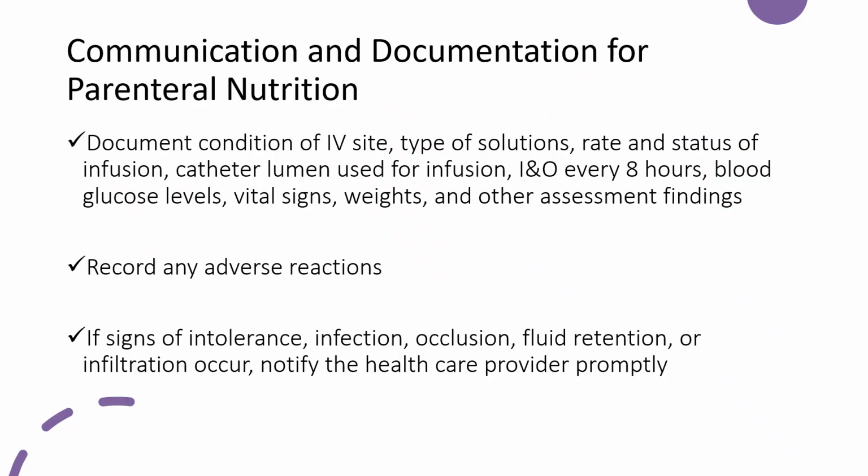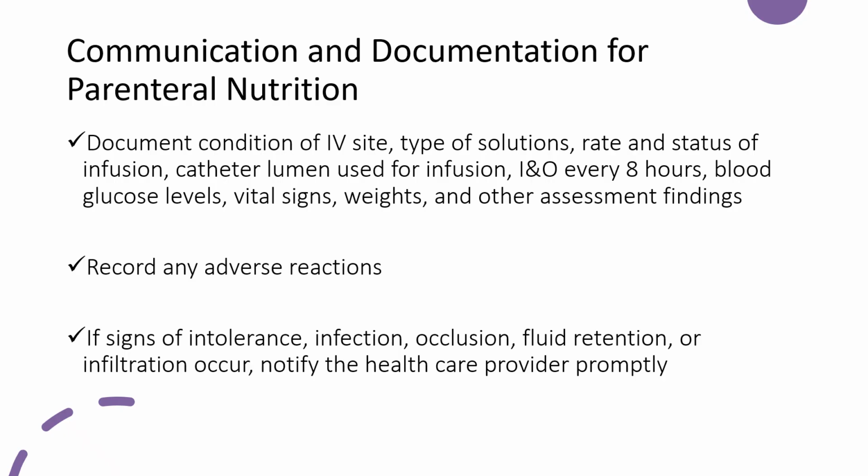Communication and documentation for parenteral nutrition. So you need to accurately document the IV site condition, the type of solution, the infusion rate, the status of the infusion, the patient's response, intake and output, blood glucose levels, vital signs, and patient weights, and any other assessment findings or adverse reactions.